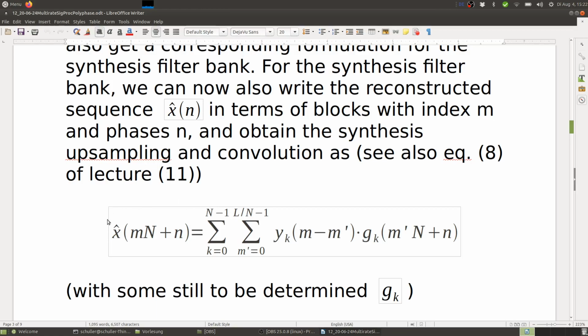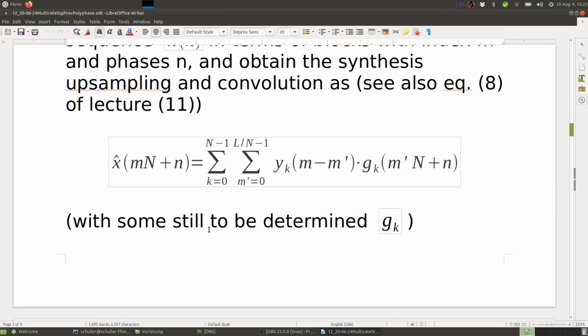So you can see here's the reconstruction, x hat of mN plus n, and here you can see that we have those two sums. Here's the sum going over the subbands, adding up all the subbands after the reconstruction, and here we have the convolution sum going over the filters of each subband. Yeah, and this contains some still to be determined g_k. This is the synthesis filters.